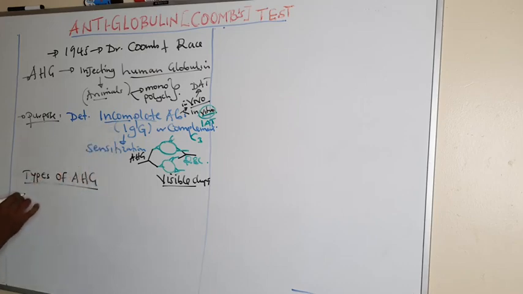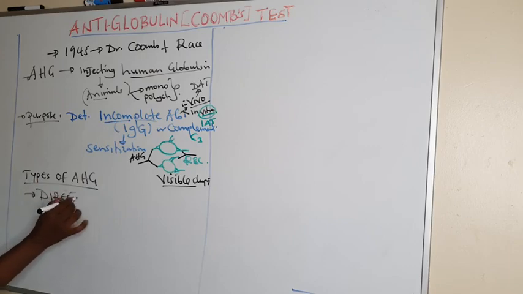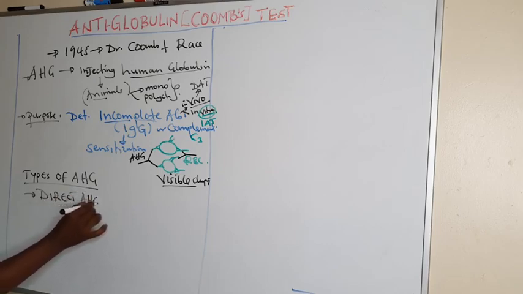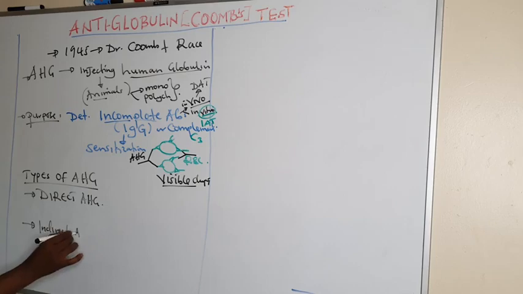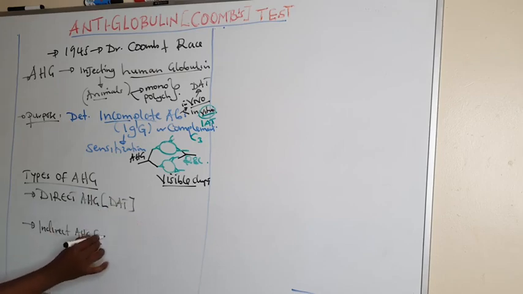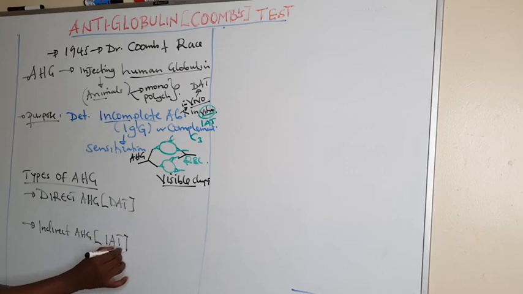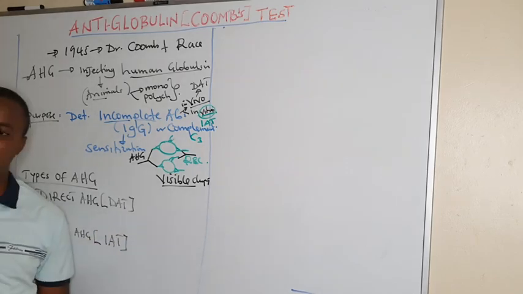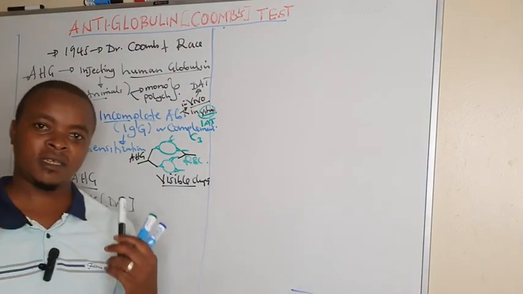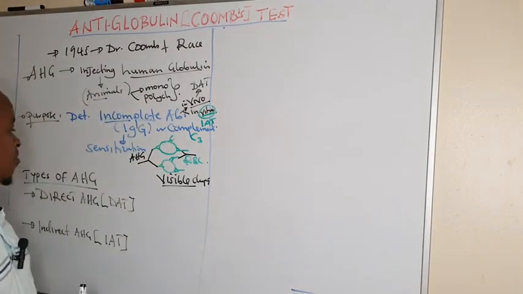We can do the direct Coombs, the direct anti-human globulin test, abbreviated as DAT, or we can do the indirect anti-human globulin test, abbreviated as IAT. So these are the two different forms of the Coombs test.